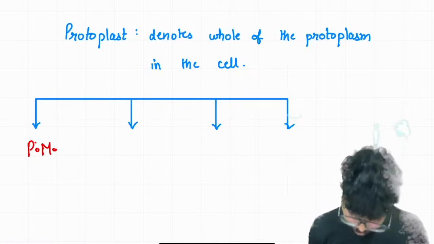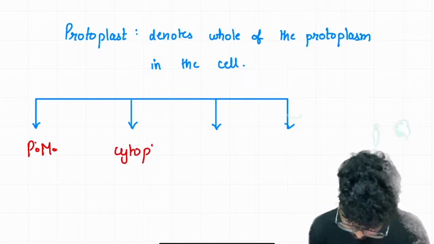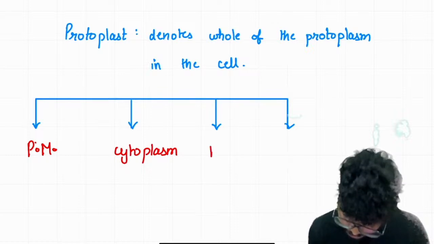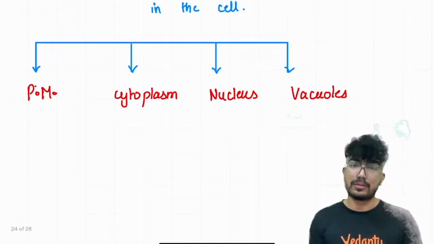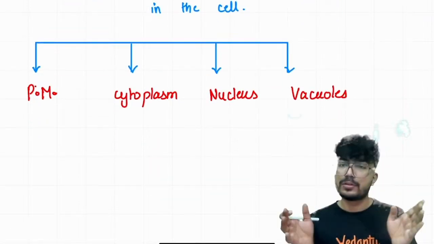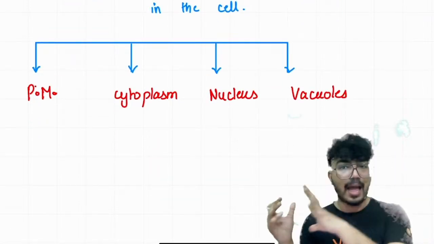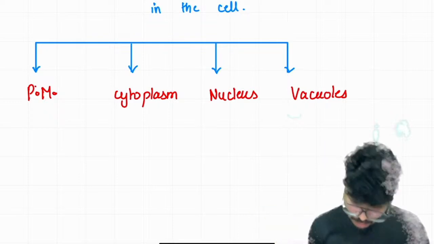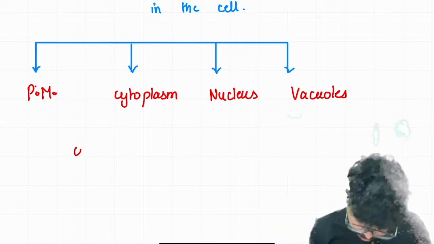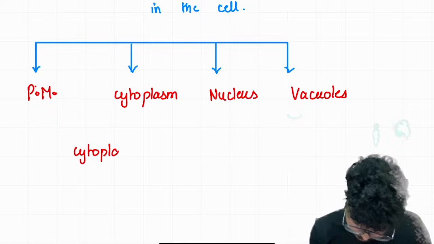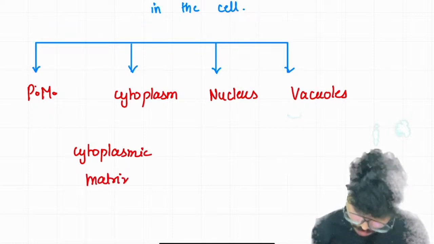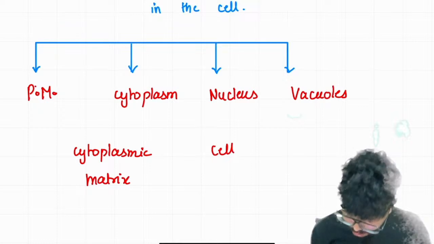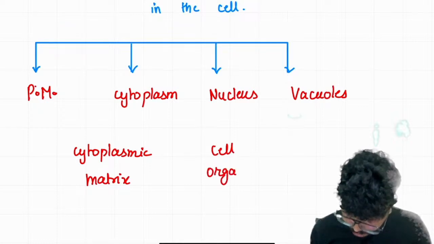Then we have cytoplasm, nucleus, vacuoles. Now cytoplasm has two further components: the cytoplasmic matrix, the ground substance, and cell organelles.